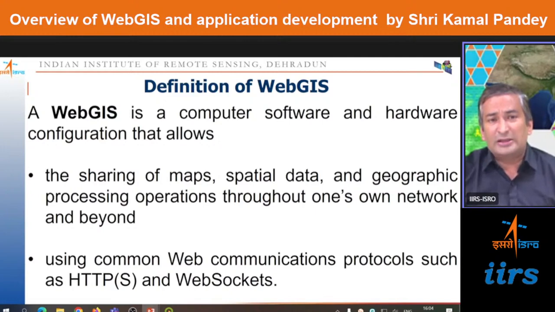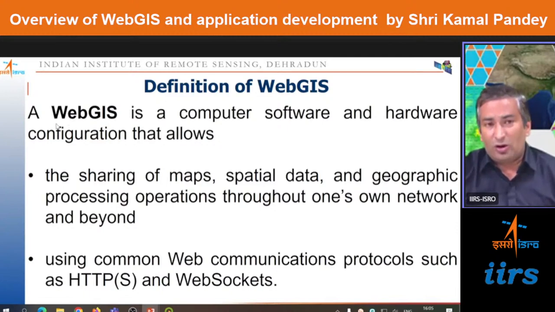All your GIS tasks are being done on an internet browser like Chrome. In Chrome itself, you are seeing the data, you are able to add the data over there, visualize it, pan it, zoom it, do some editing on top of it, then do some processing on top of it. All the tasks are being done over a browser like Google Chrome. So that is WebGIS in very simple terms.